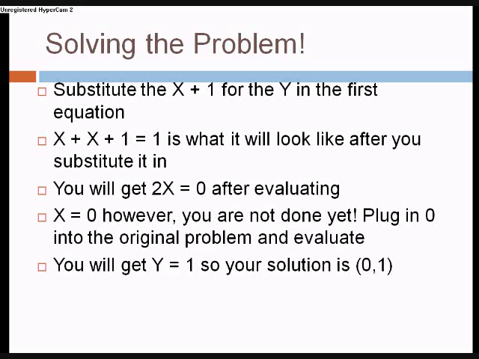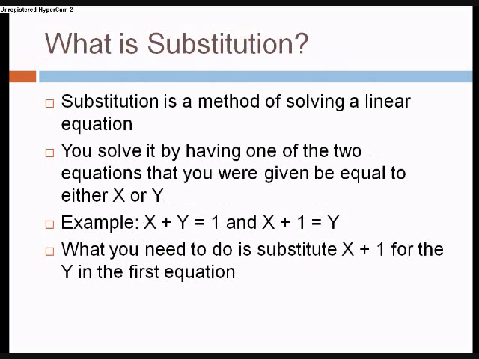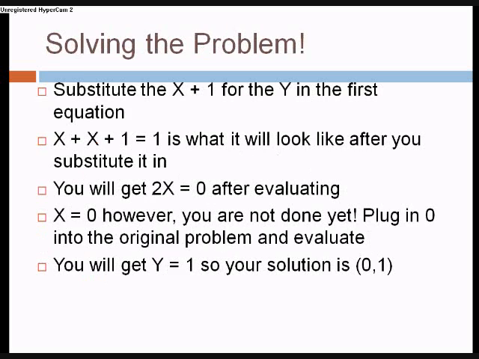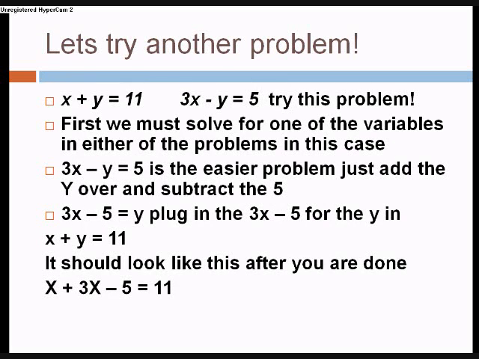As you might have noticed, in the second equation of the example, x plus 1 equals y. So you've already solved for y. What you need to do is substitute the x plus 1 in for the y in the first equation. So instead of having x plus y equals 1, you'd have x plus x plus 1 equals 1.